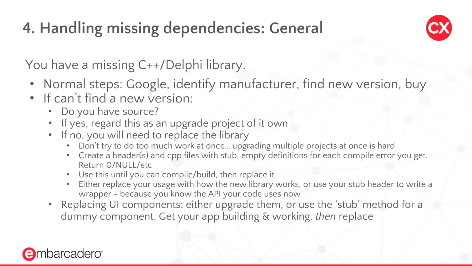Add in the properties and methods, but make them do absolutely nothing. And then you can use that to get your application building. Once again, once your app is building, and I say working on screen, but obviously this is working for a certain definition of working. Once your app is building and you have it functional enough that you can start revising, then you can work on replacing the components.